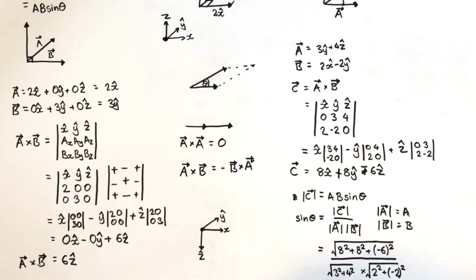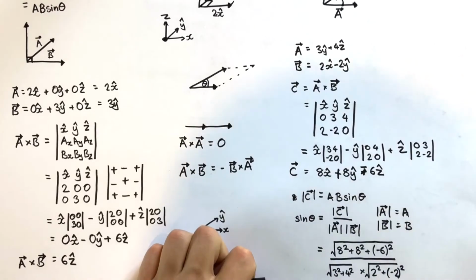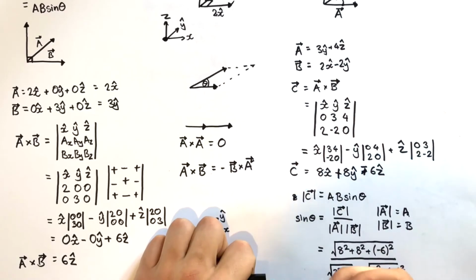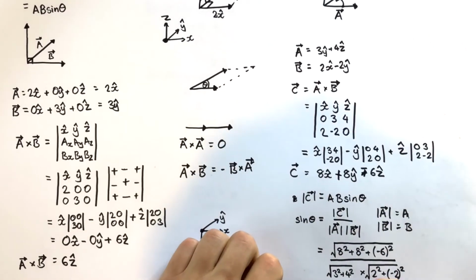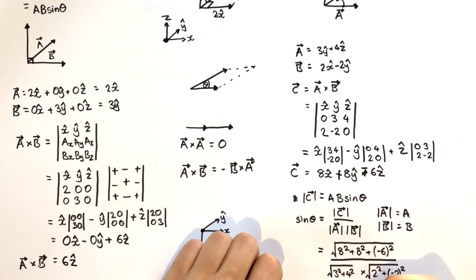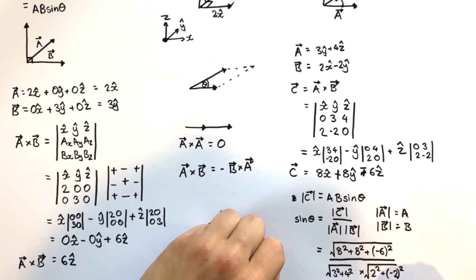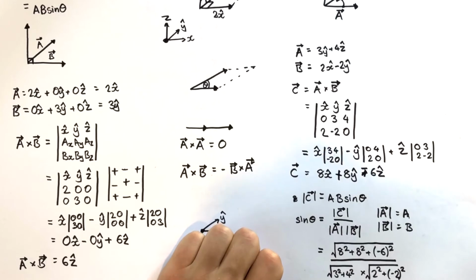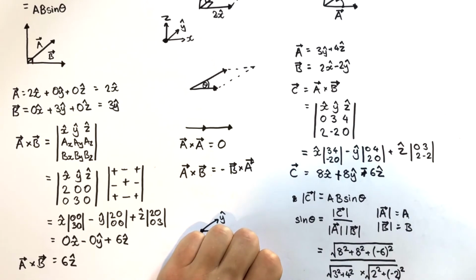And if you evaluate all that on your calculator, you'll find that the sine of the angle between A and B equals 0.906. And that's, of course, sine theta. You need to make sure to take the arc sine of both sides.